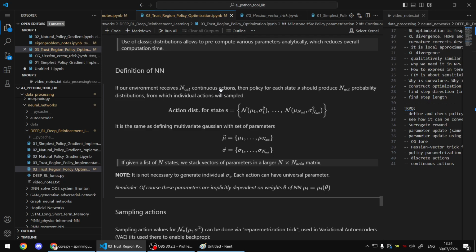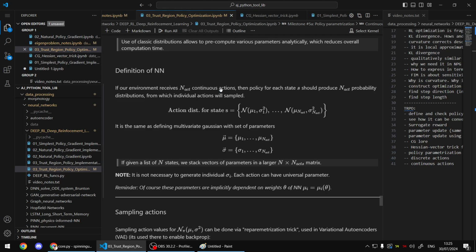So what our network should do, basically, is it still has an input of the dimensionality of the state, but in the case where we have n actions, for each action it has to output a normal distribution. A normal distribution is parameterized by two parameters, mean value and variance, or standard deviation squared.